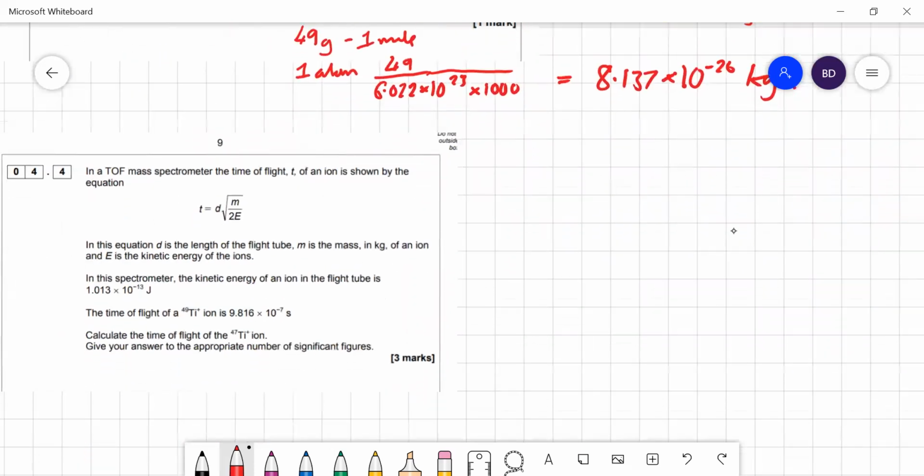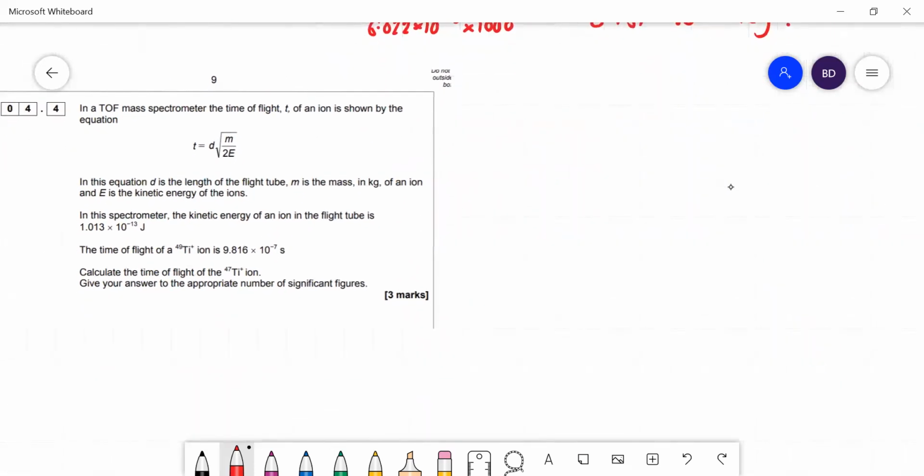Right, now they actually give you a bit more information than you really need in this question here. So let's just have a look at it. It says it combines the kinetic energy is equal to half mv squared, and we know that velocity is equal to distance of the tube over time. It combines those two, rearranges it to give us that equation.